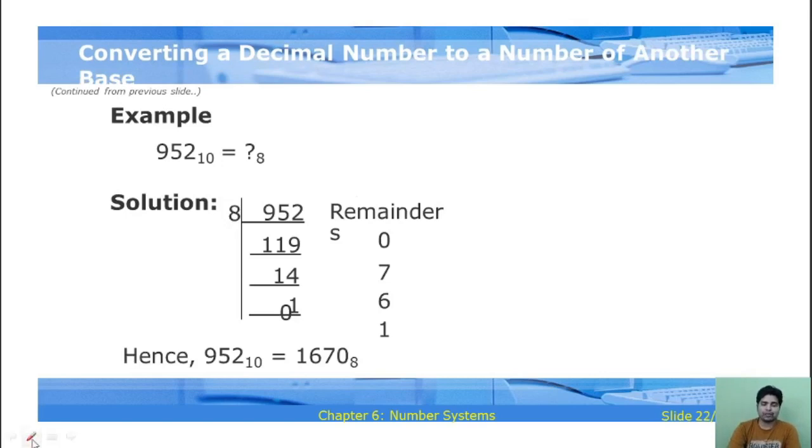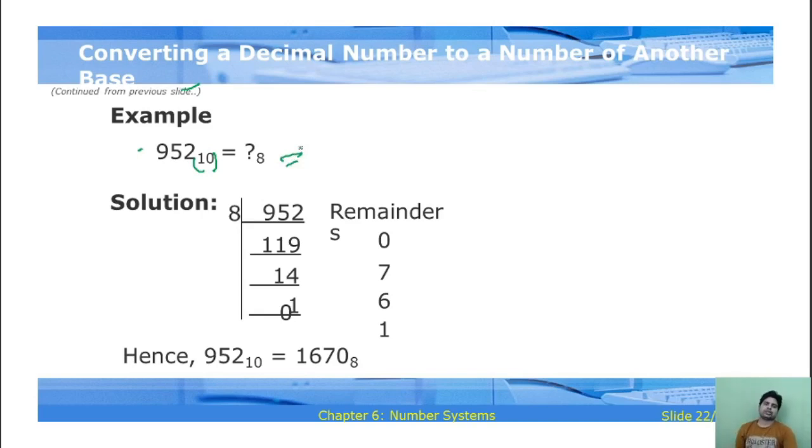So yes, this is the perfect example of converting a decimal number to another base number. The example is 952. Why do we say this is a decimal number? Because this is base 10, decimal, and this is the octal number. So we want to convert it into an octal number.